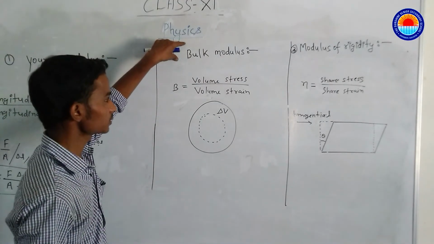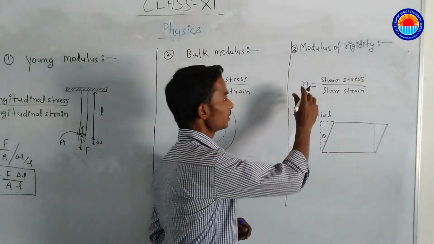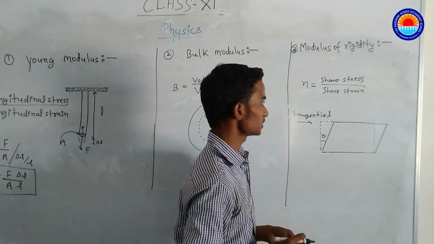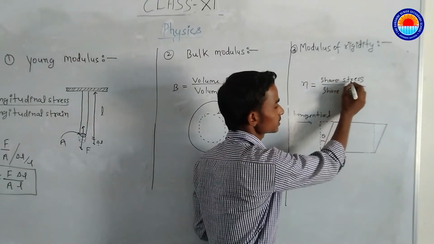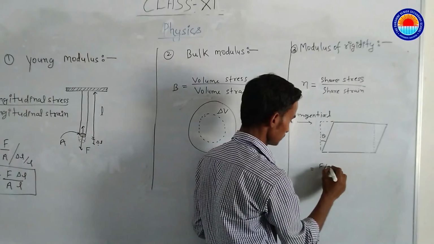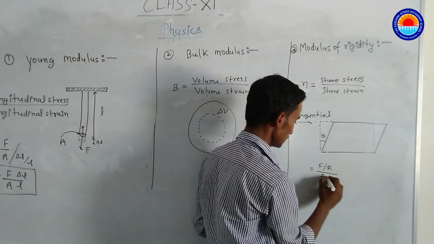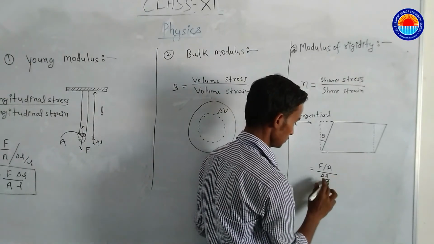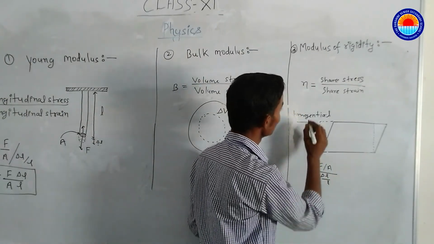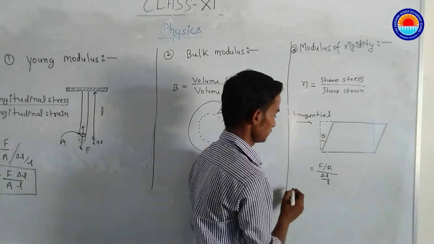And bulk modulus is volume stress over volume strain, and third is modulus of rigidity. Here shear stress is equal to force upon area, and shear strain is equal to delta L upon L. So modulus of rigidity is denoted by eta.